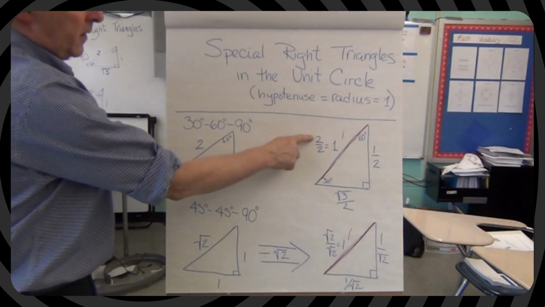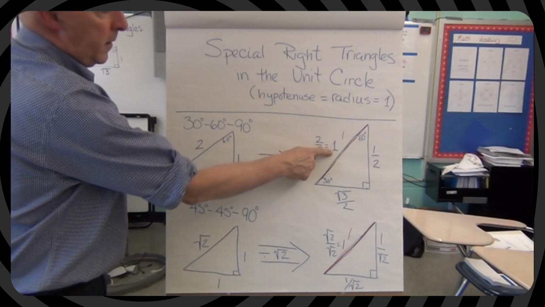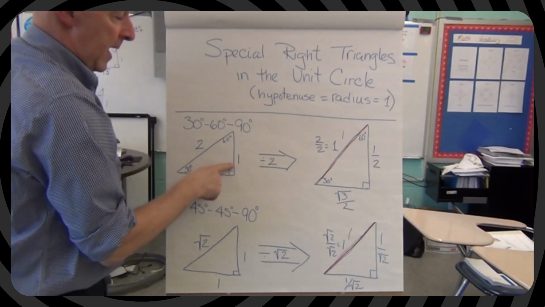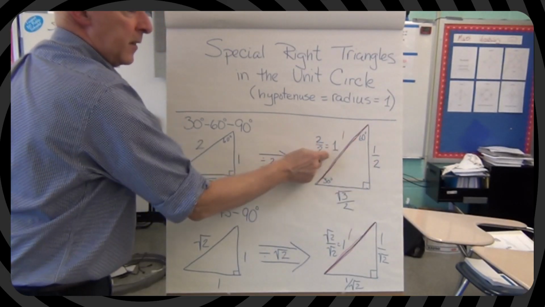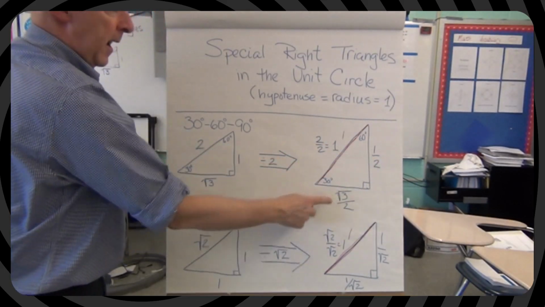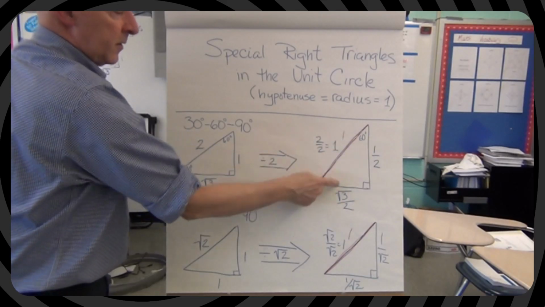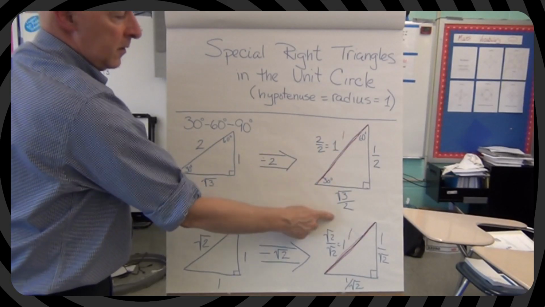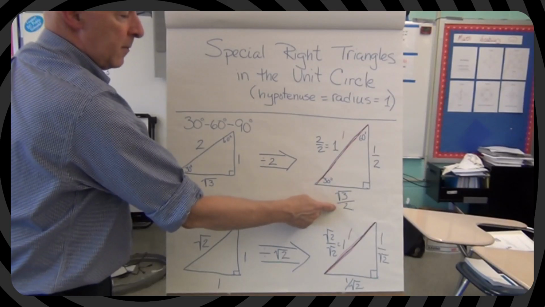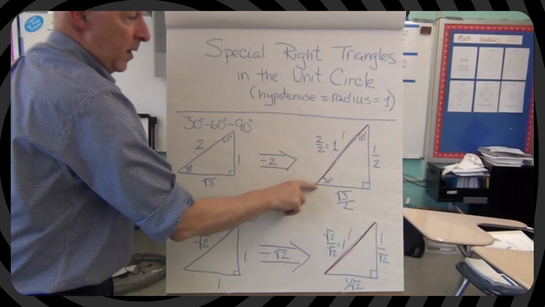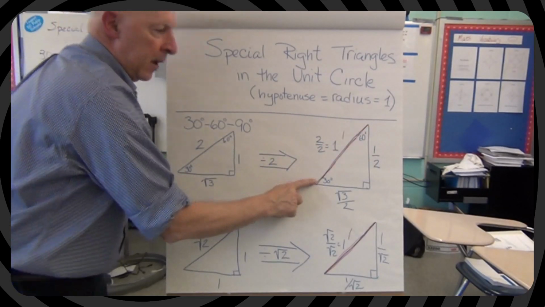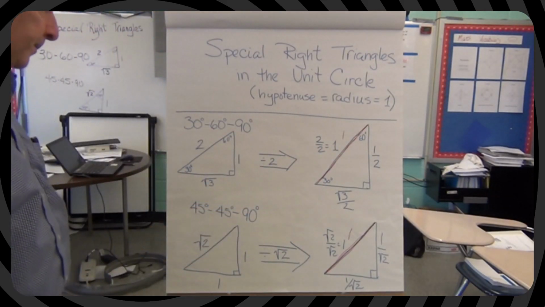Dividing by 2 gives us a hypotenuse of 1. The side that had a 1 is now 1/2. It still has a relationship that the hypotenuse is double this length. And this side here, opposite the 60 degrees, has a numeric value of the square root of 3 divided by 2. Now we have a radius of 1 and a hypotenuse of 1. We'll be able to put that into a unit circle.